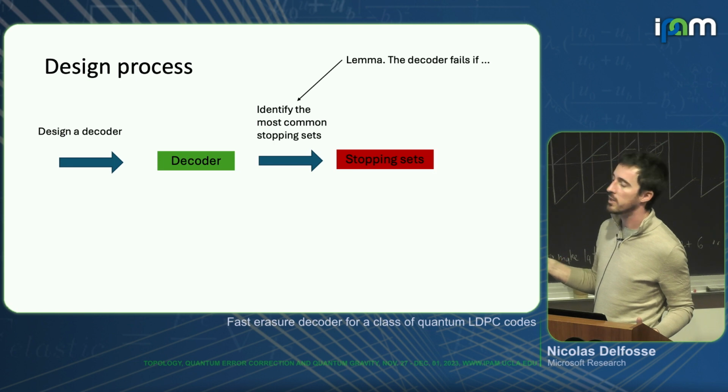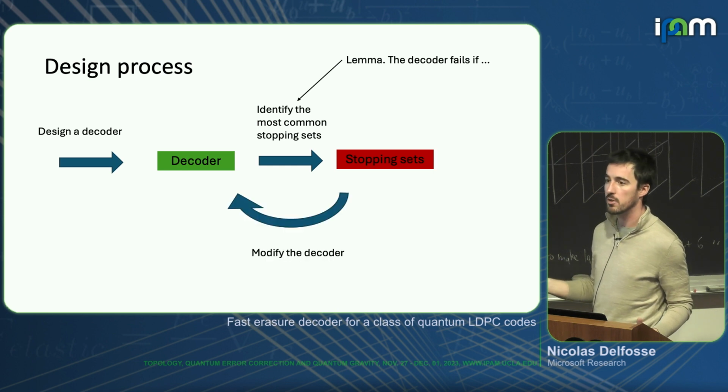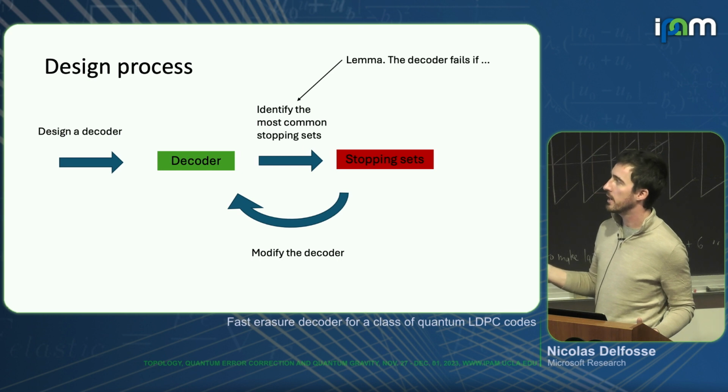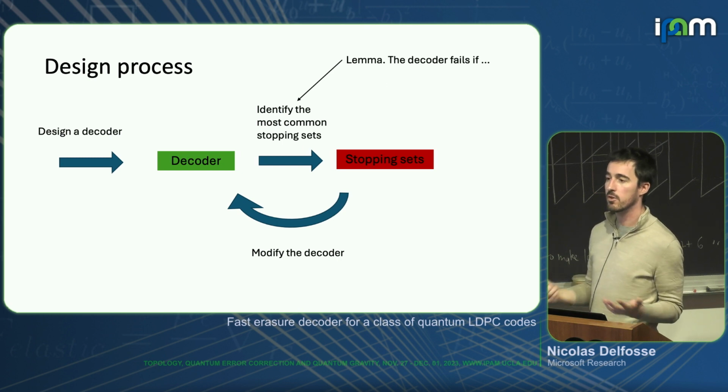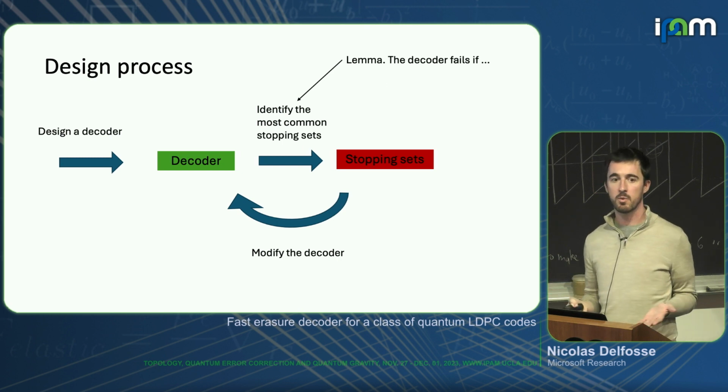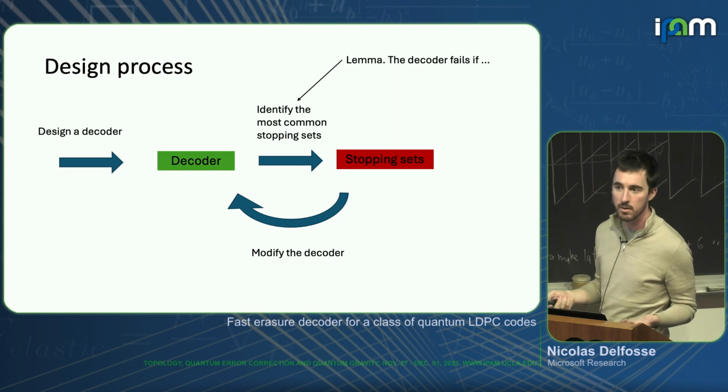And the lemma is complicated sometimes, so I'm not going to even read it all, but I'm going to highlight some parts. And once we understand why the decoder fails, and this is the dominant source of failure, we can modify the decoder to design a new decoder where we can correct the most common failing configuration. We're going to do that 3 times. And after 3 times, we're going to check numerically that the performance is pretty much optimal.